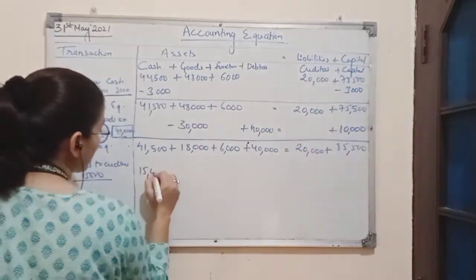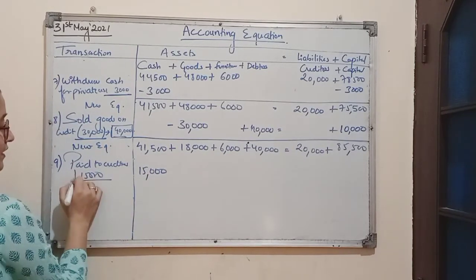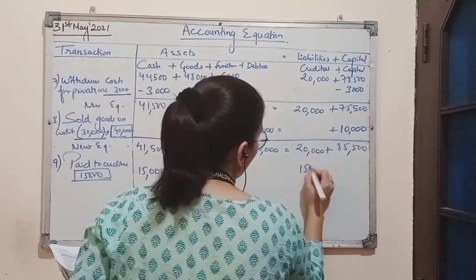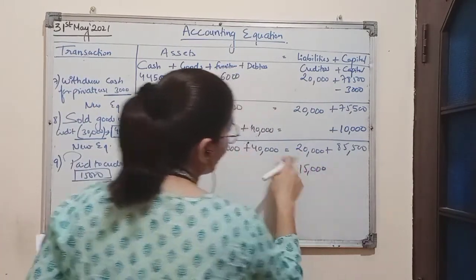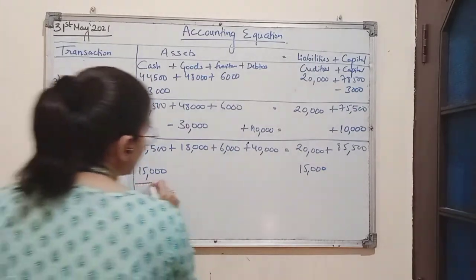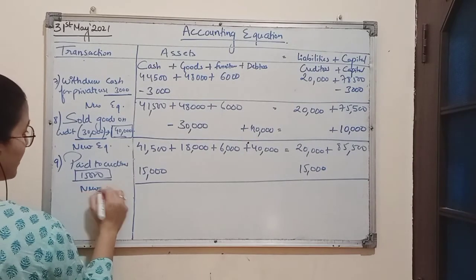So 15,000 will be deducted from the cash balance, and at the same time with this amount creditors are being reduced because out of 20,000 we have paid 15,000. So by solving this transaction we will get a new equation here.